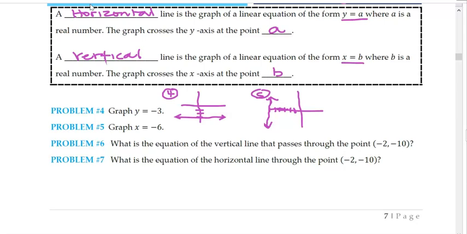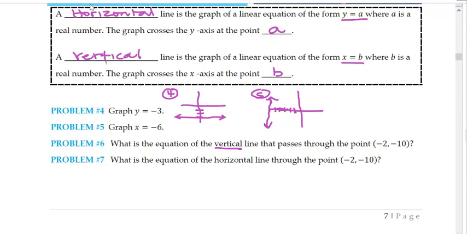All right, and then you can also tell what the equation of the vertical and horizontal lines are just by looking at one point. So the equation of the vertical line here is, let's see, we're talking about a vertical line here, right? And this is where we are talking about up and down, so it's like this, all right?